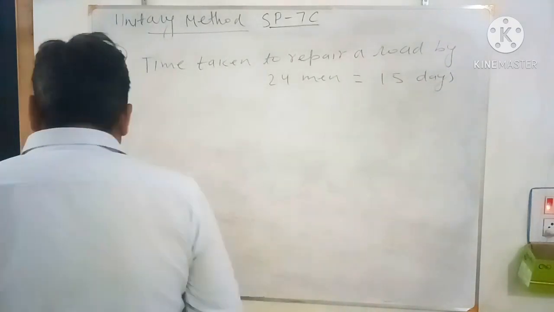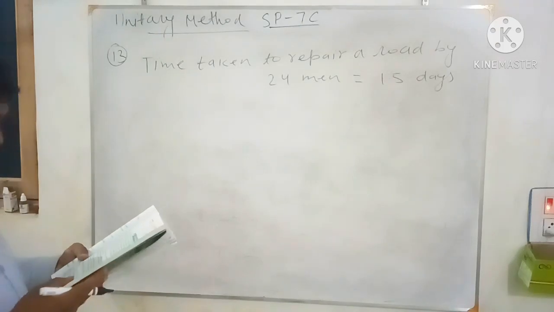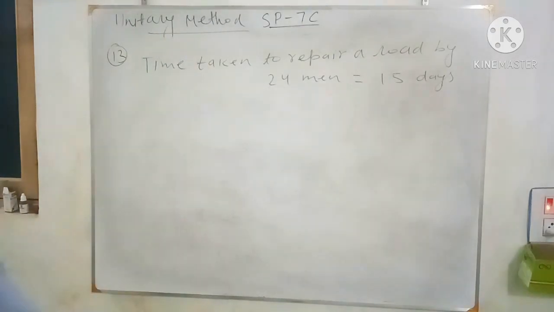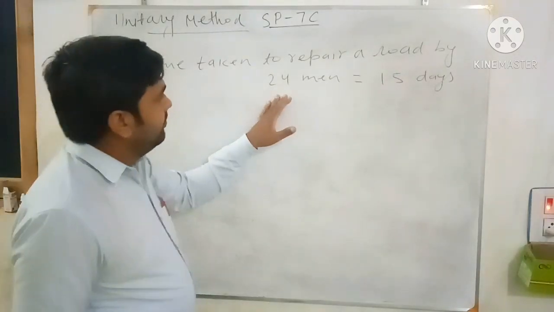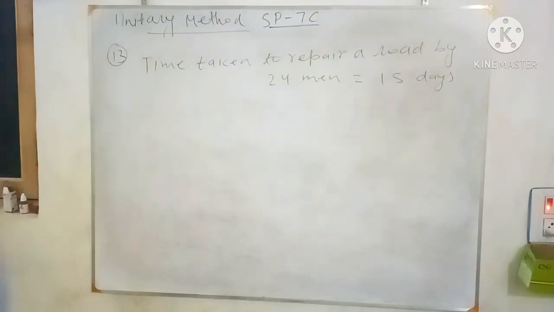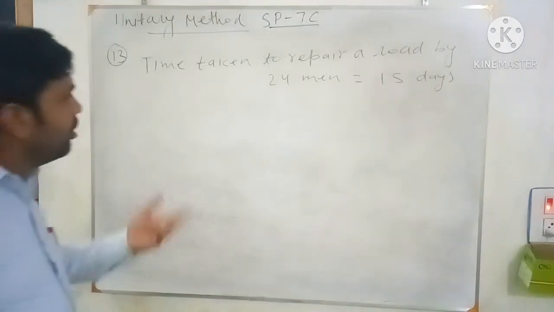So the time taken to repair a road by 24 men is 15 days. How long will it take 20 men to do so? So 20 men, 24 men. But if there are 20 men in place of 24 men, then how long will it take? It will take more number of days.